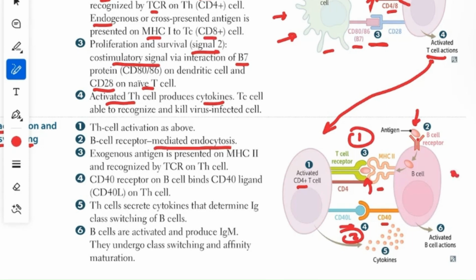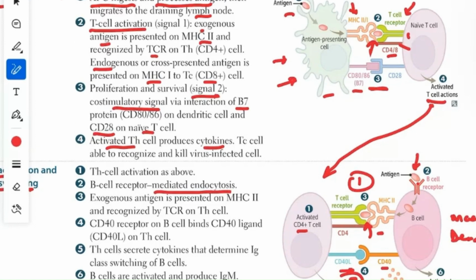It happens for the macrophage and the dendritic cell as well. It's also very important. These interactions also happen between the macrophage or the dendritic cell and the CD4 positive T cell.